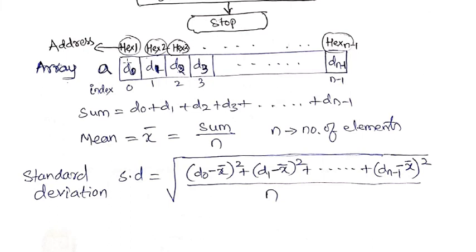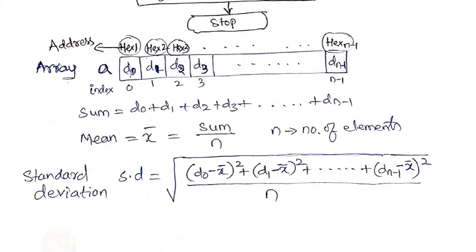So how do we access the elements of an array? Using the index values, we can directly get these values. And we know how an array is stored in memory. It is stored in contiguous memory, where these elements are stored next to each other.